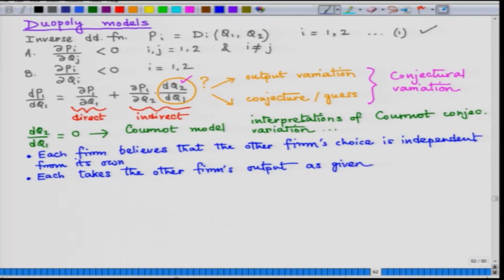Okay. So, now let us formally start discussion on the Cournot duopoly model.